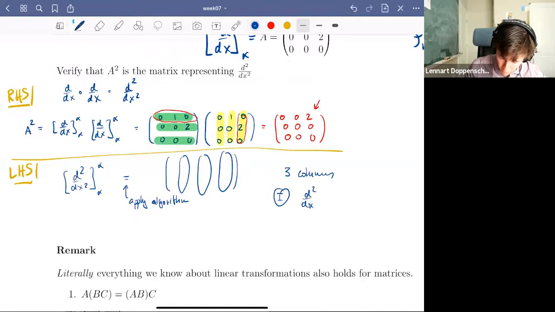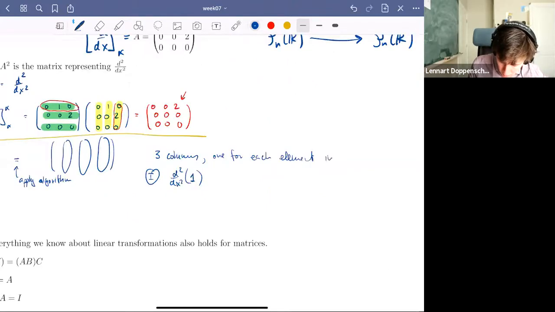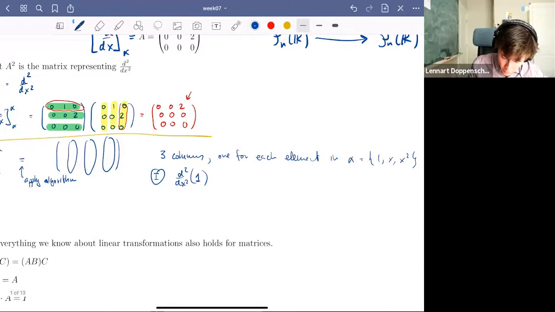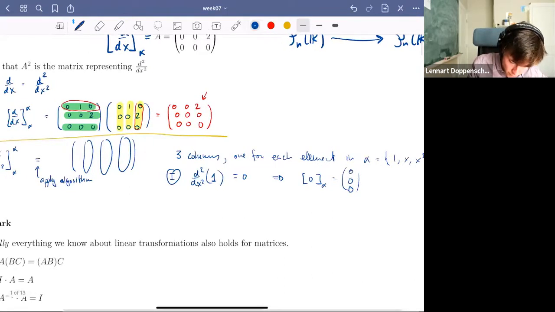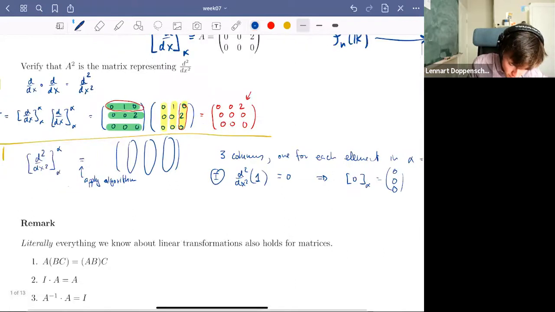Remember the 3 columns, one for each element in the basis. So this is 1, x, and x squared. This is going to be 0 because it's a constant, and hence the column vector representing 0 in alpha is just 0, 0, 0. So this is the first column in this matrix.